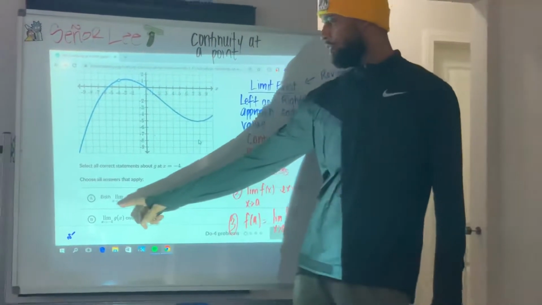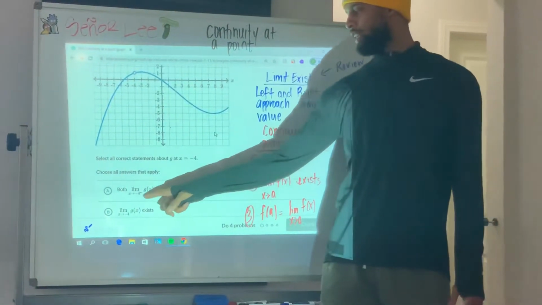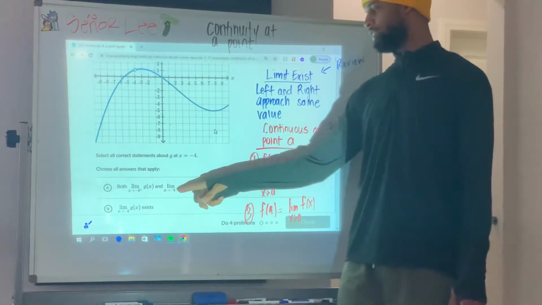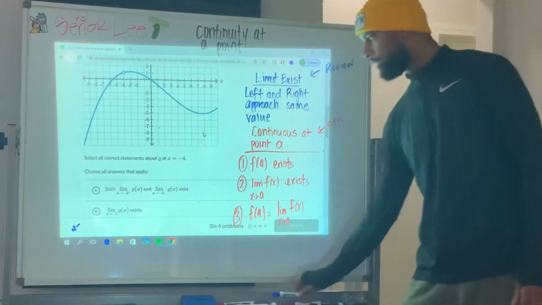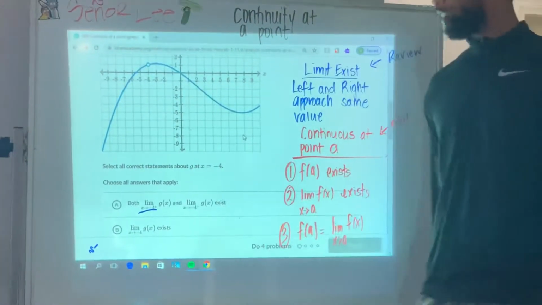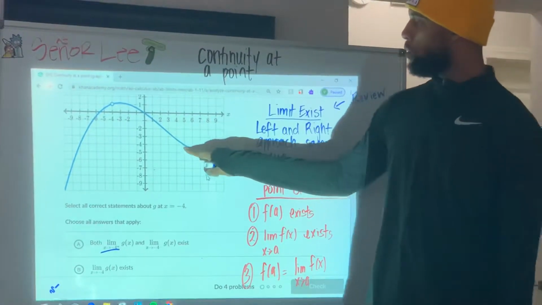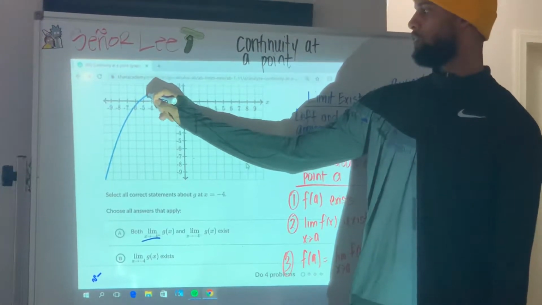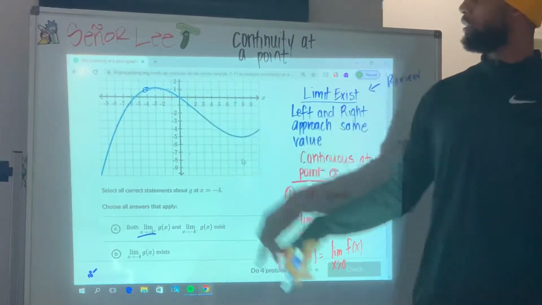Part A says both the limit of g of x as x approaches -4 from the right and the limit of g of x as x approaches -4 from the left exist. Let's see. I'm going to first check out approaching -4 from the right. As I approach -4 from the right, what value do I get close to? Right here with the open circle, that value is 1.